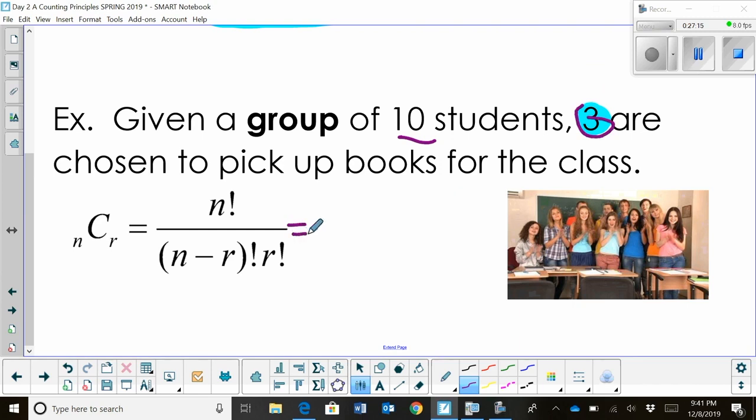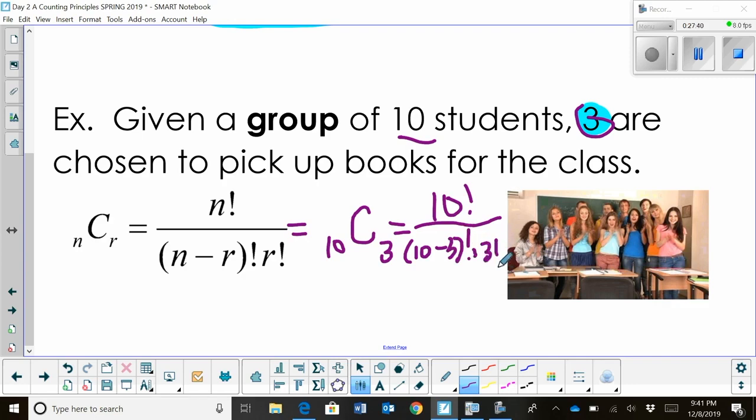So this is going to be 10 with a combination choosing 3. So in our formula, we're going to put 10 factorial on top. And then on the bottom, we're going to take 10 minus 3 factorial, all times another 3 factorial.